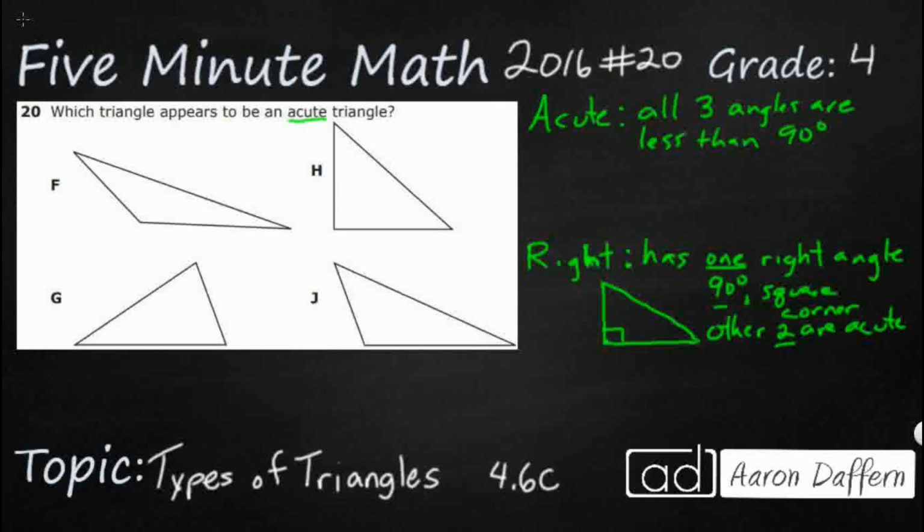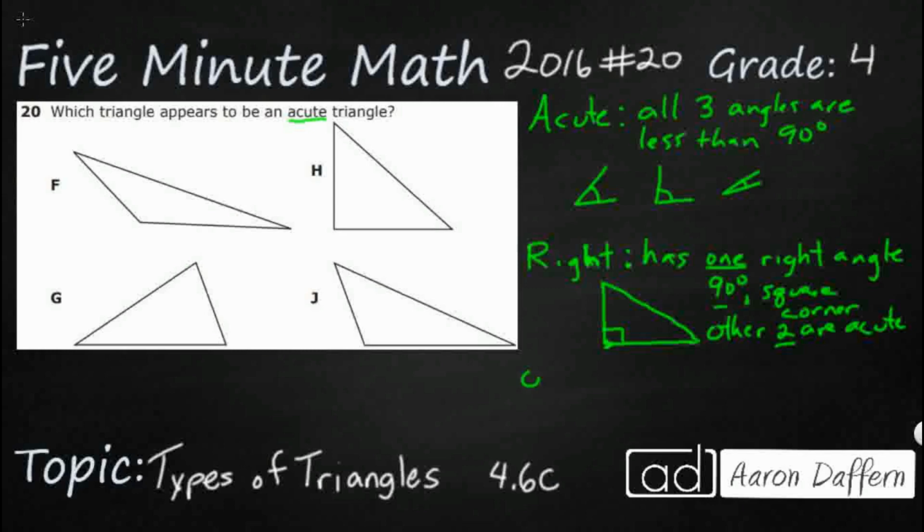So if this is my right triangle right down there, you'll see an acute angle can be something like this, because that opening is smaller than this 90-degree opening. It could be just barely smaller. See how that's just a little bit slanted, or it can be absolutely tiny to where it doesn't even look like there's an opening right there. So an acute triangle, which is what we're looking for, has all 3 angles that are less than 90.